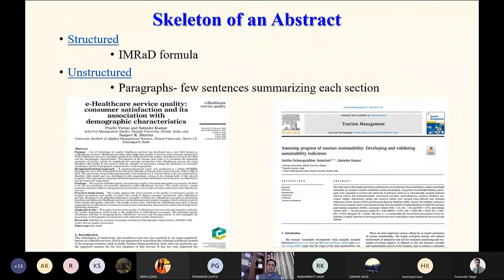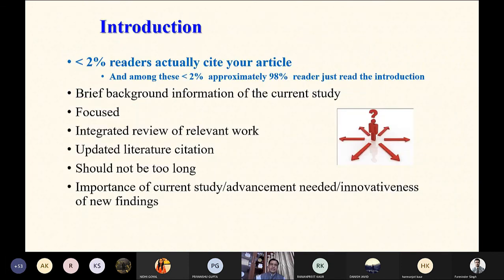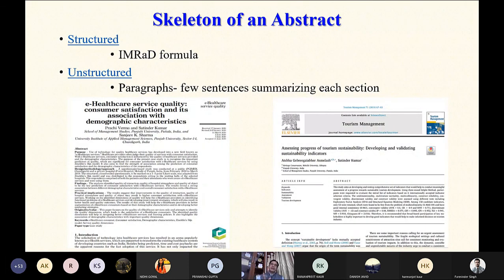The sequence is the same, only the difference is that we are not going to have the heading and subheadings. So we have to be very careful and follow the guidelines of the journal in which we are going to submit the paper. Accordingly, we have to develop the structured or unstructured abstract.